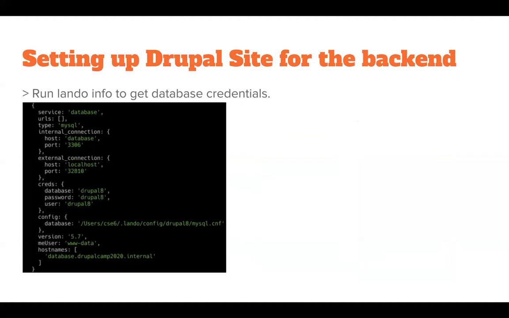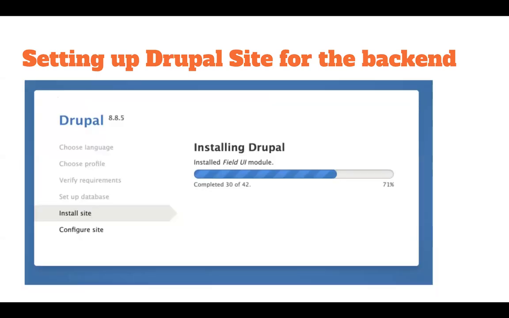Basically it's all default: Drupal 8, Drupal 8, Drupal 8. Then the host that you're going to use is the internal connection, so that would be database, and the port would be 3306. Okay, then let's proceed with the installation.